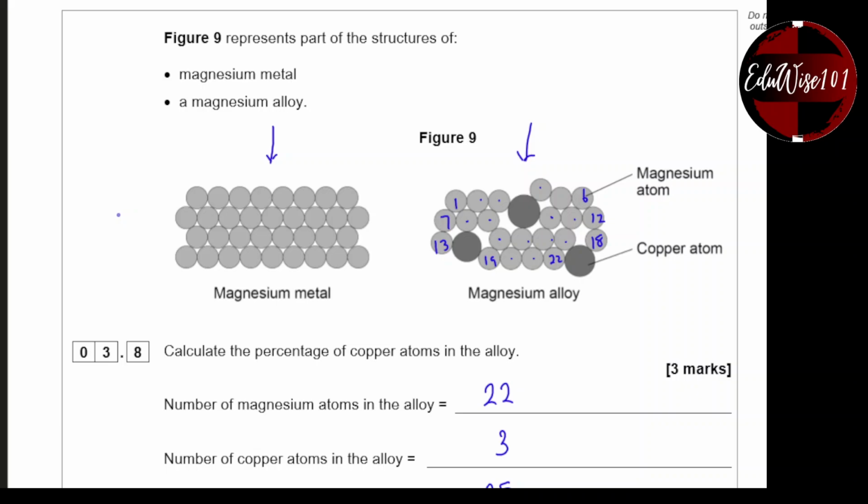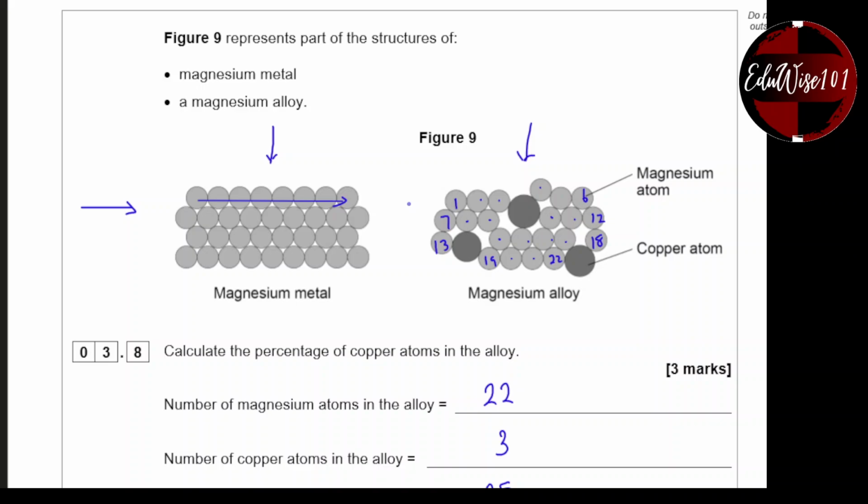The problem is, if you put pressure from the side, what happens? Because all these metal atoms or metal ions are in a straight line, this top layer can literally slide over the second one. So you can actually get out of shape.